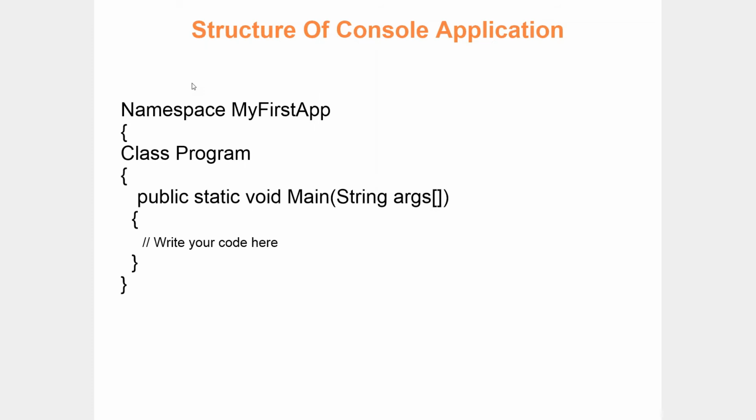Whenever you want to group a set of data members and member functions, you would be needing a container called a user-defined data type. There are sets of user-defined data types, sets of classes, structures, and interfaces. Now I would like to group all my user-defined data types into another big container, which is your namespace. A namespace is also a kind of container where you can group a set of user-defined data types.